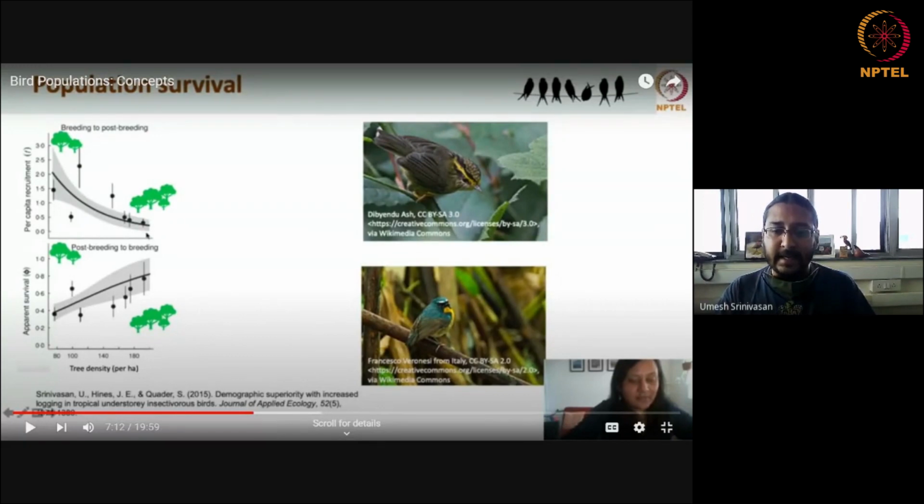It's just that in logged forest, the birds that are breeding have a higher number of offspring being produced, whereas the number of offspring of birds that have territories in primary forest is lower than in logged forest.